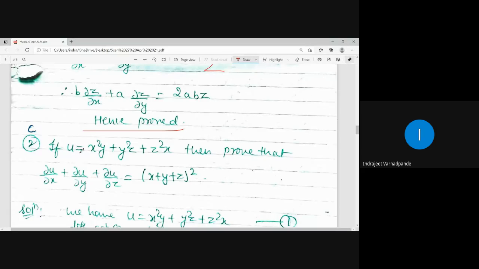If u is equal to x square y plus y square z plus z square x, then prove that del u by del x plus del u by del y plus del u by del z is equal to x plus y plus z whole square. Noted down the question? Wait a second.